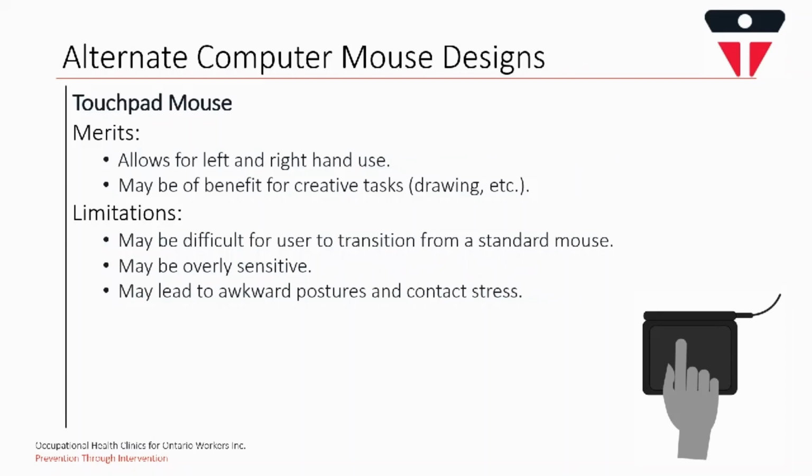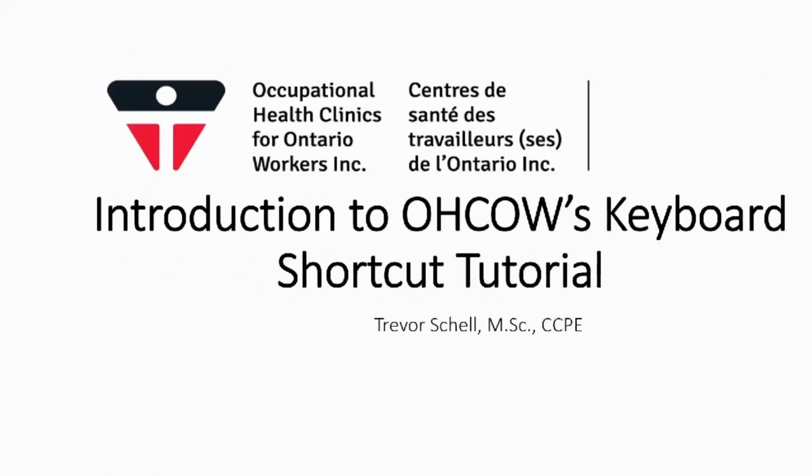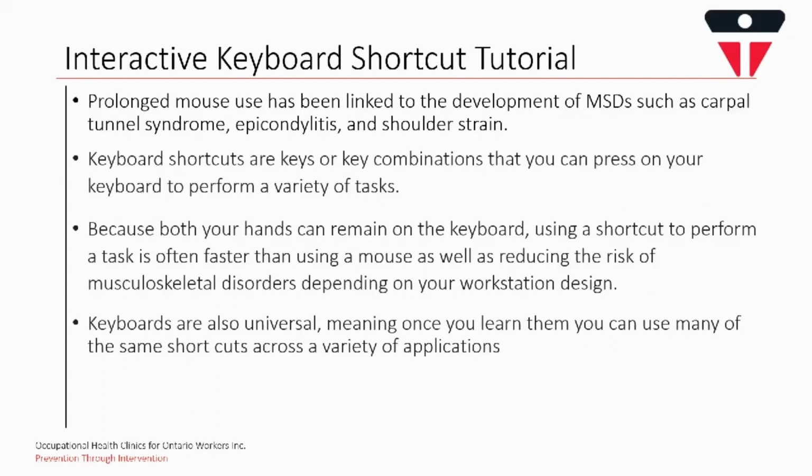Now, another tool that we just finished creating is our interactive keyboard shortcut tutorial. Prolonged use of the mouse has been linked to the development of MSDs, such as carpal tunnel syndrome, epicondylitis, and shoulder strain. Keyboard shortcuts are keys or key combinations that you can press on your keyboard to perform a variety of tasks.